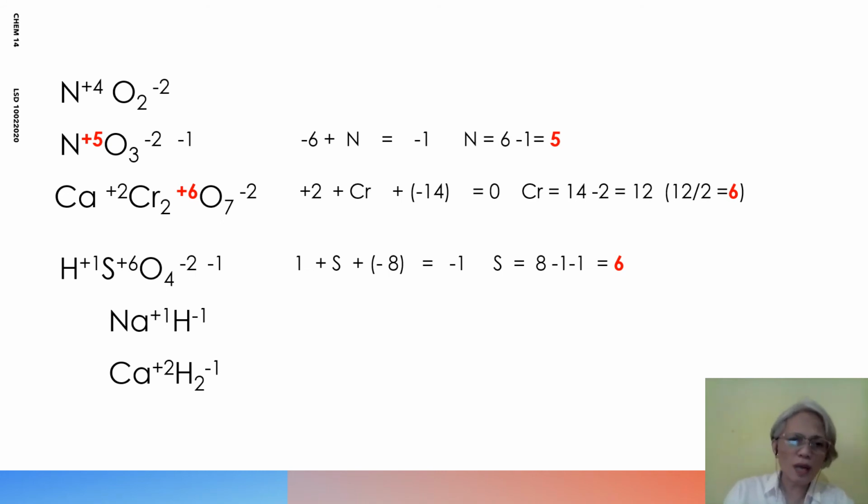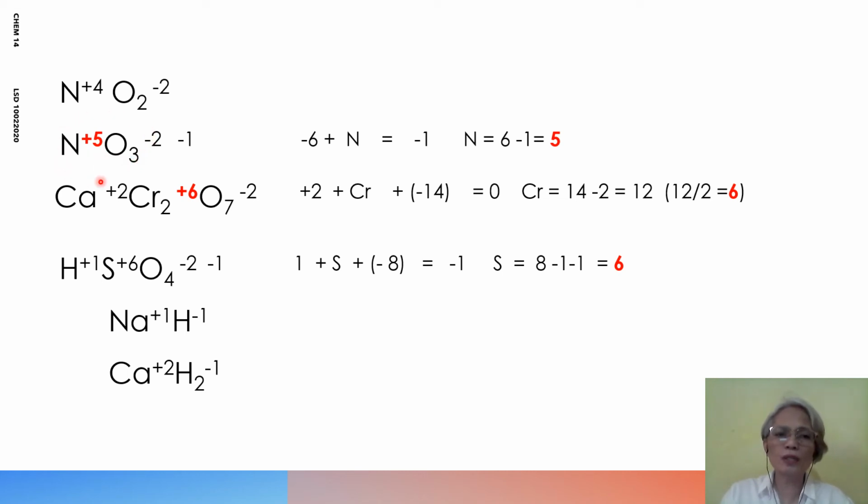So let's have this exercise, no? So you have nitrogen dioxide. So oxygen is always negative 2 if it's the more electronegative element. So negative 2 times 2 is negative 4. So nitrogen here must be positive 4. What about the nitrate ion?